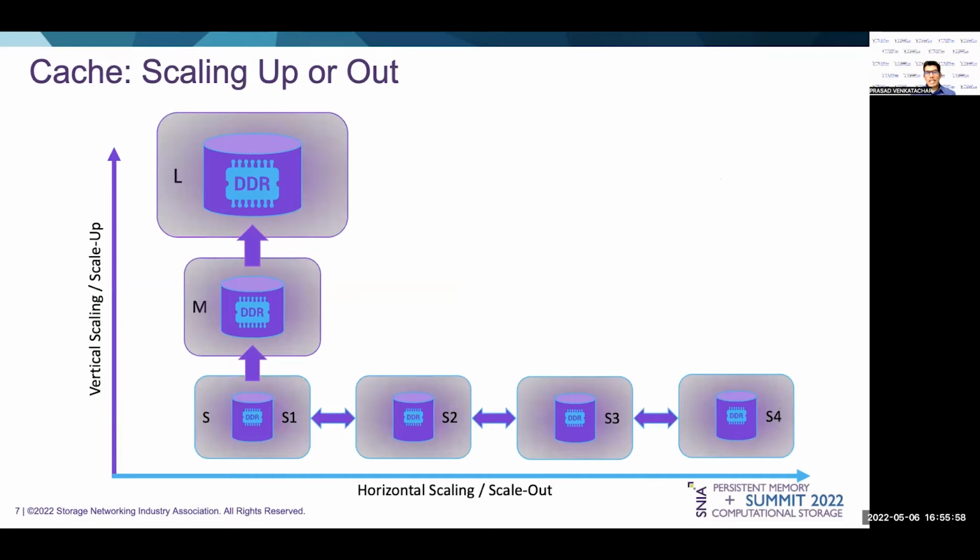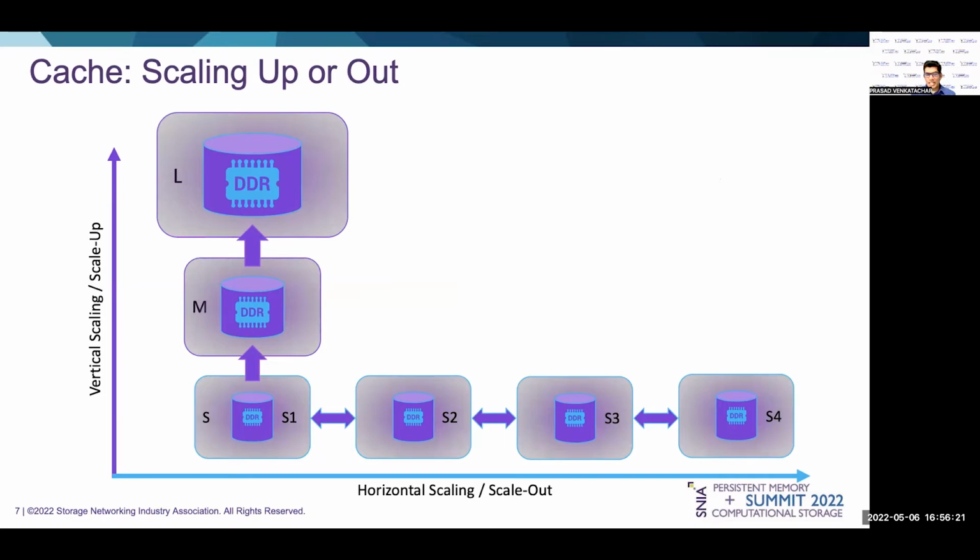Now, how do you scale a cache which is designed to help scale an application? Scaling could be, one, scaling up the caching instance from small to medium to large by increasing the memory and the CPU of the caching.